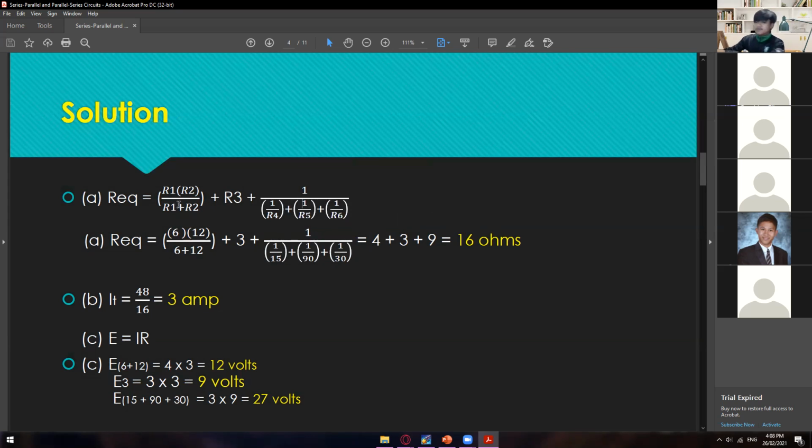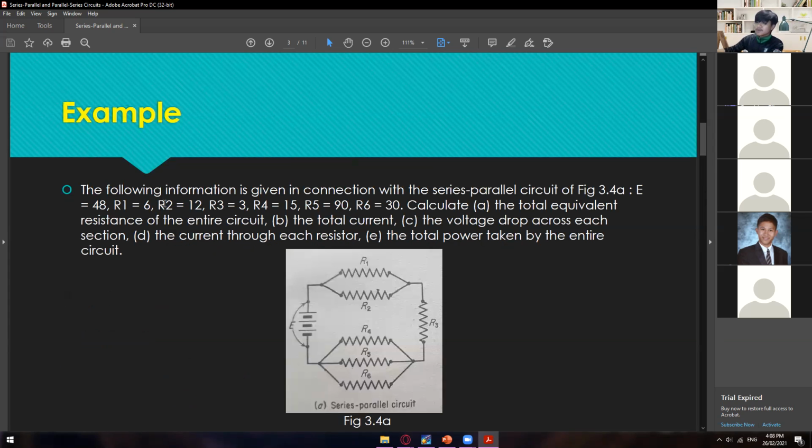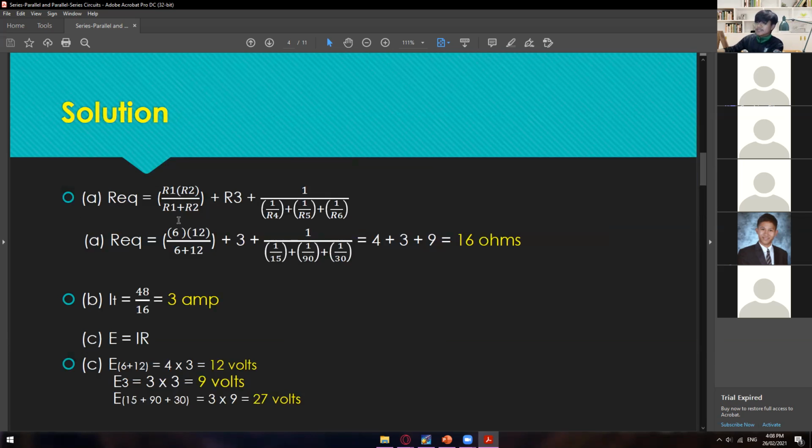All right, so let's just substitute the values of R1 and R2. R1 is 6, and R2 is 12. So 6 times 12 divided by 6 plus 12. 6 times 12 is 72. 72 divided by 18, you will get 4.